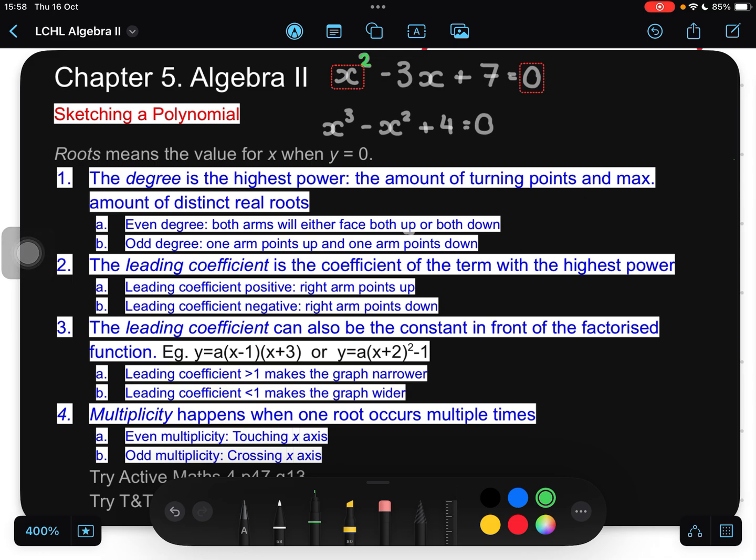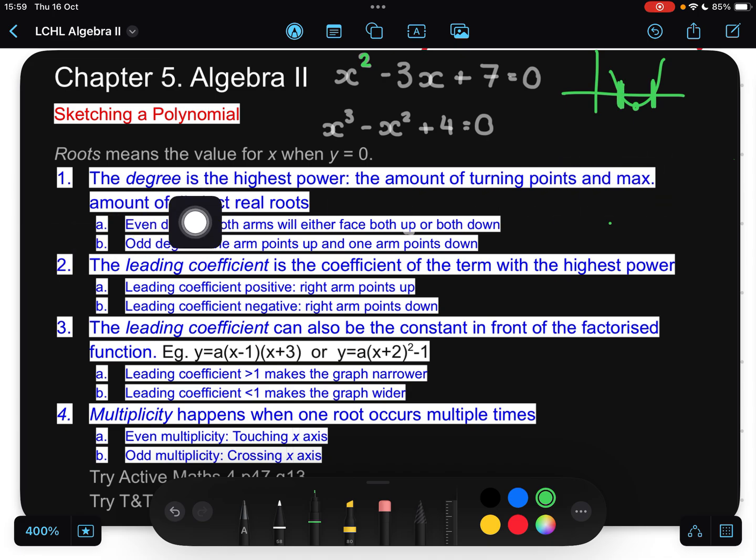What does that tell me if I'm looking at a graph? It tells me that the quadratic has one turning point, so there was one point where it turned, and it has maximum 2 distinct roots. Distinct means different.